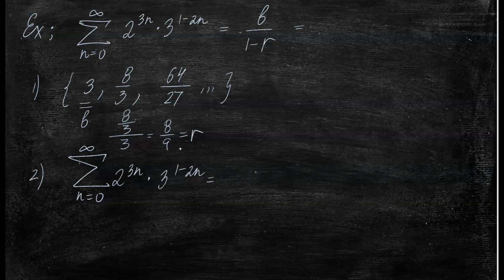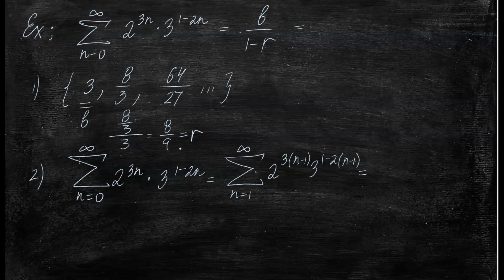Now, the first thing we want to do is reindex our series. And what does that mean? That means if I want my series to start at 1, I have to subtract 1 from every appearance of n in the formula. So that's the first step.